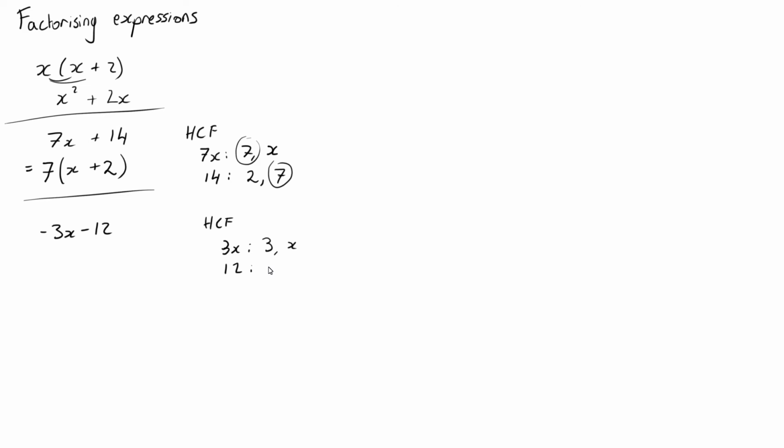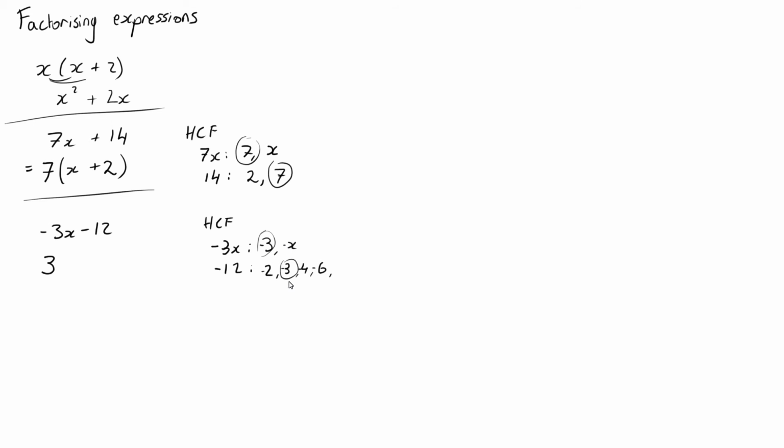The factors of 12 would technically be 1 and 12, 2 and 6, or 3 and 4. You can see that we've got a 3 in both of these, so that's going to be our highest common factor. When we're dealing with negative numbers, however, if both of these are negatives, all our factors become negative.